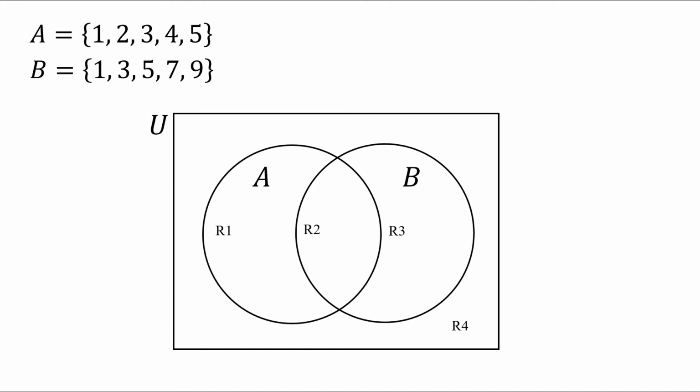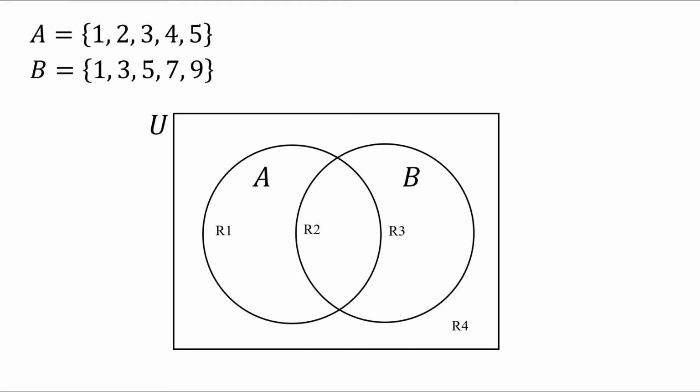R1 are elements that are in A and only in A. R2 is the intersection, so that's elements that are in A that are also in B. R3 are elements that are only in set B, not in set A. And R4 are elements that are neither in A nor in B. When we label a Venn diagram, we're going to be writing the number of elements in each of these regions. So let's go ahead and do that.